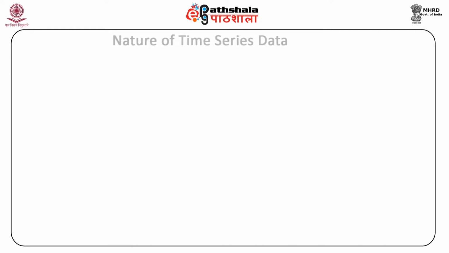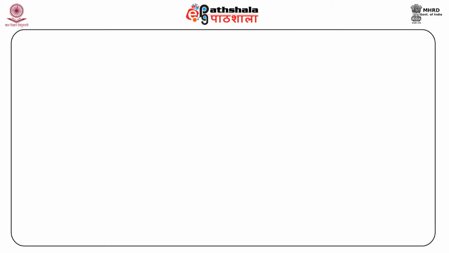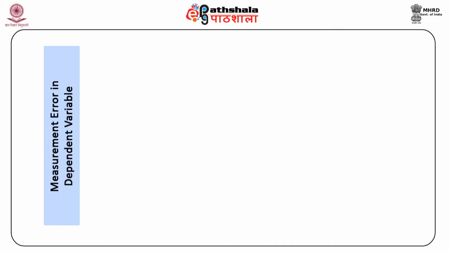Moving on with the causes of autocorrelation, another is nature of time series data. If either the dependent variable or the independent variable or both are non-stationary, then the error term in the regression model will exhibit serial correlation. Last cause which we will study is the measurement error in the dependent variable.